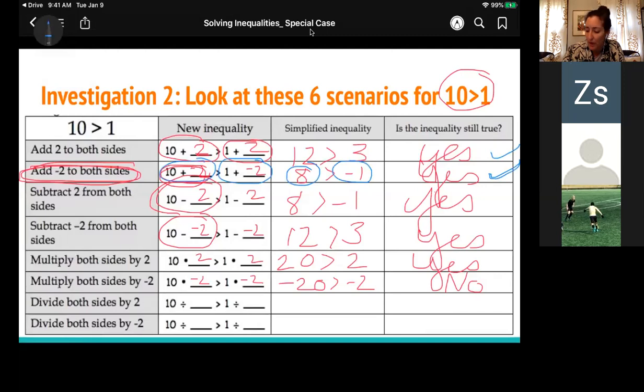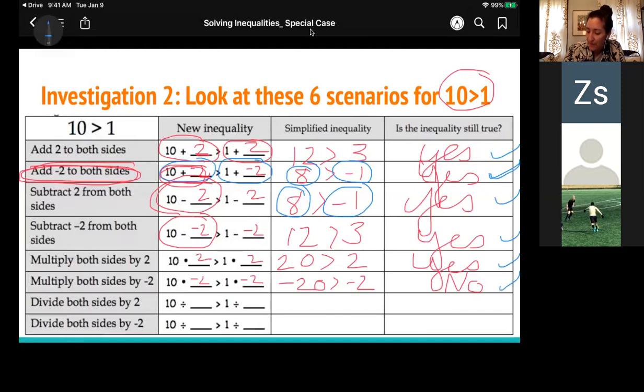If I subtract 2, I end up with 8 is greater than -1. The next one you should have ended up with 12 is greater than 3. Yes. 20 is greater than 2. Yes. -20 is greater than -2? No. That was your first no.